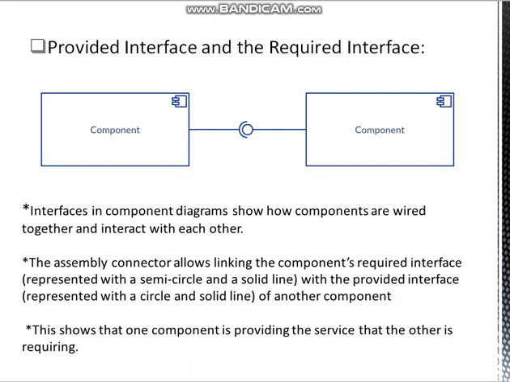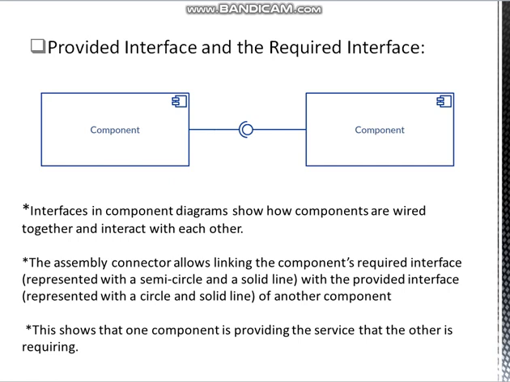And next we have provided interface and the required interface. Here we can see we have two components, and there is a certain kind of relationship between the two components. Interfaces in a component diagram show how components are wired together and interact with each other.